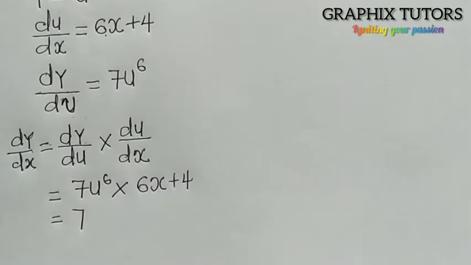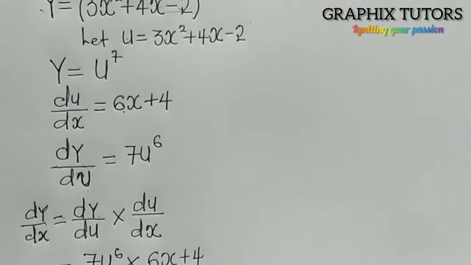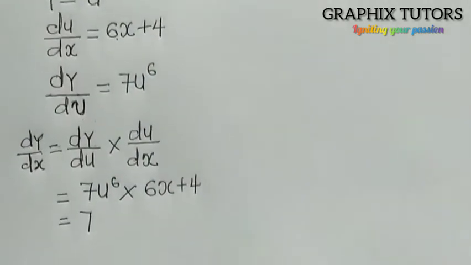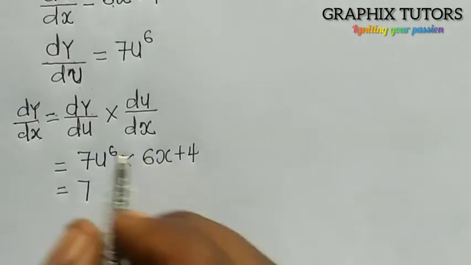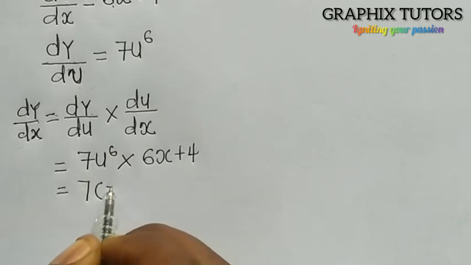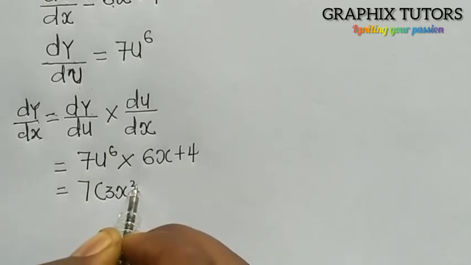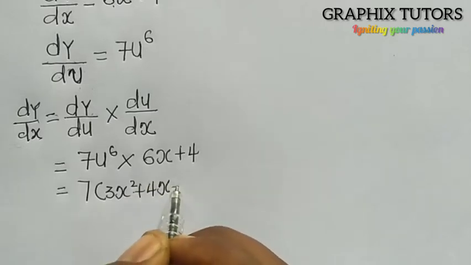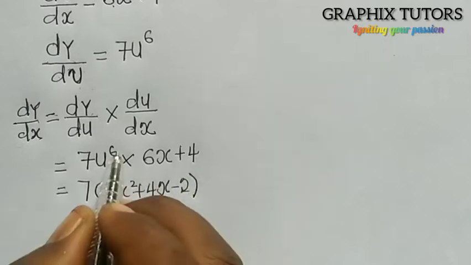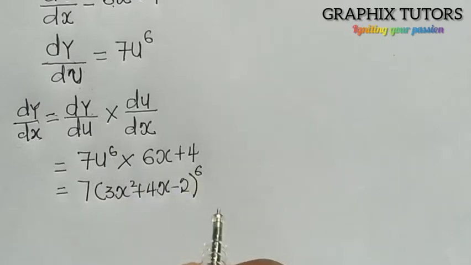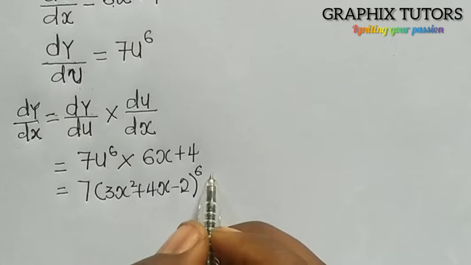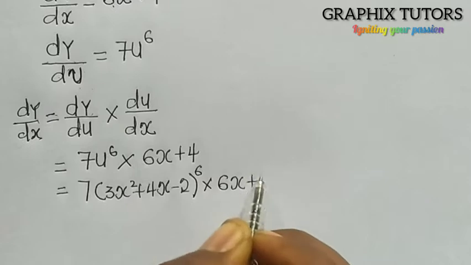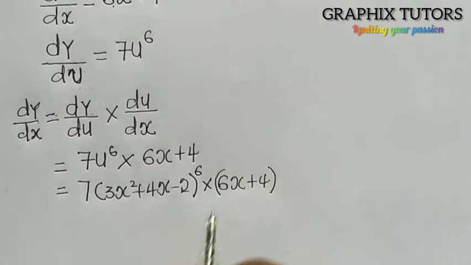My u is 3x squared plus 4x minus 2. So I'm going to write it in a bracket, 3x squared plus 4x minus 2, but there's a power there, to the power 6, multiplied by 6x plus 4. So this is what I'm having.